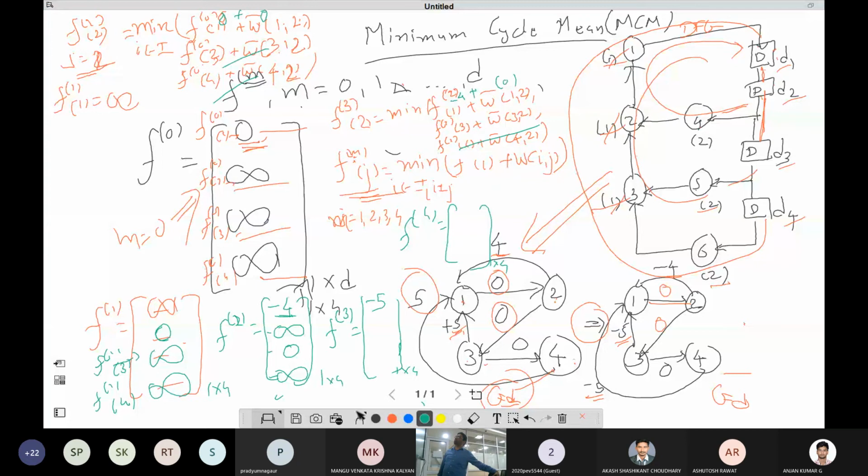Then f of 2 3 is 0 plus w bar 3 2, which is 3 to 2, so that is infinite. So that is minus 4. I believe this value is minus 4. So I believe f of 3's remaining two elements and the whole of f of 4 you can construct now.